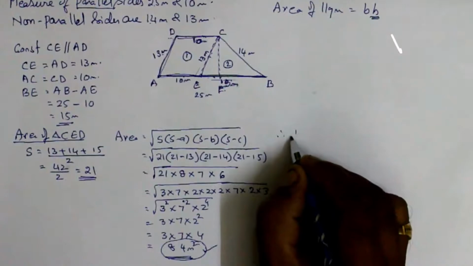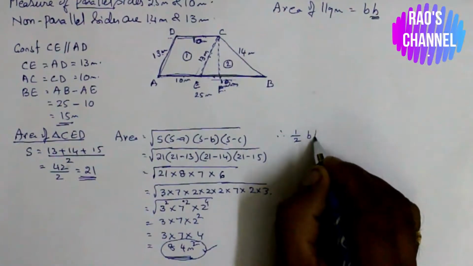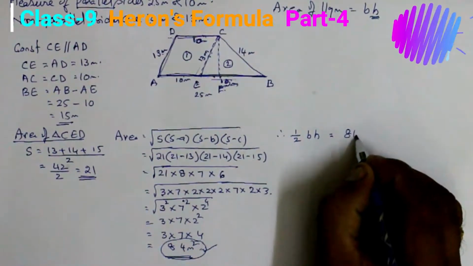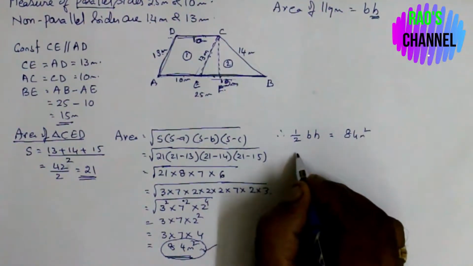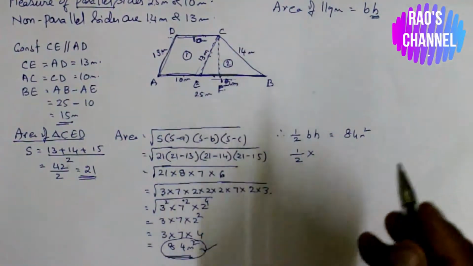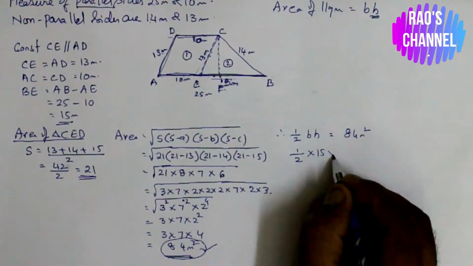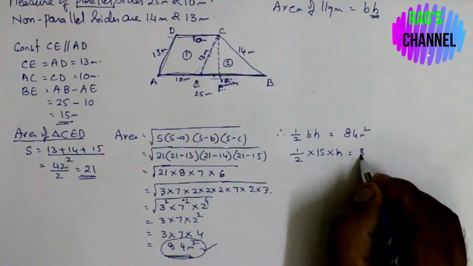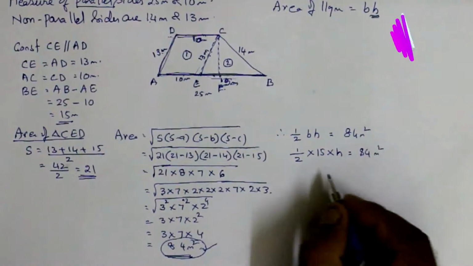Therefore, half BH is equal to this 84 meters square. That is half into what is the base now? 15. 15 is the base of the triangle. We have to find the altitude on this base. 84 meters square.